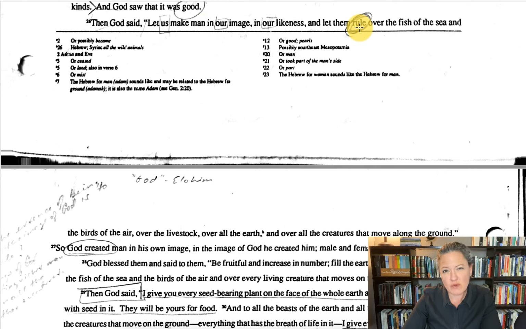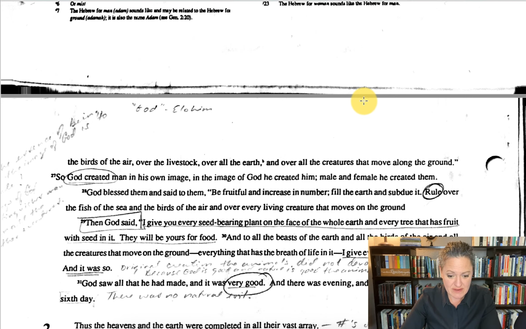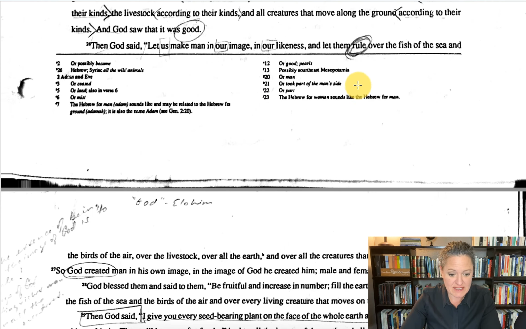Okay, and man, humankind, is to rule. Again, we saw that word rule with the sun and the moon. They were to rule. The light is to rule. So humans are to rule over the whole creation. And ruling is something that is in the image of God. So humans are in the image of God.